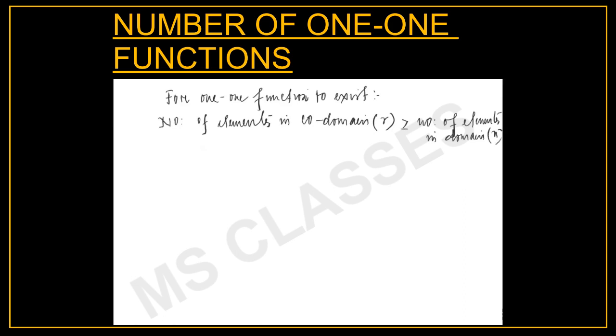So this is a very, very important criterion. The number of elements in the codomain should be greater than or equal to the number of elements in the domain.